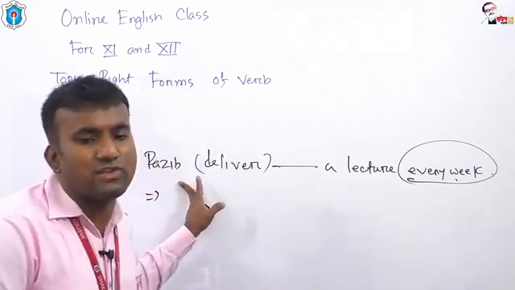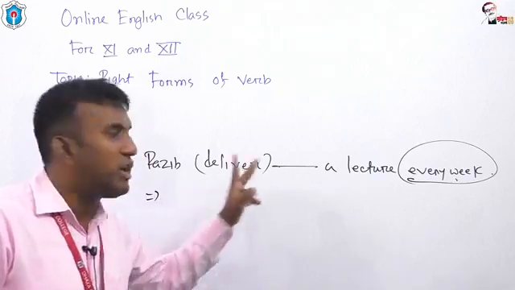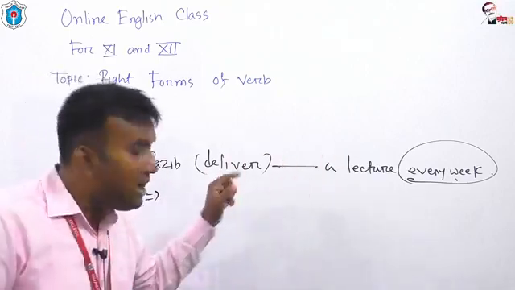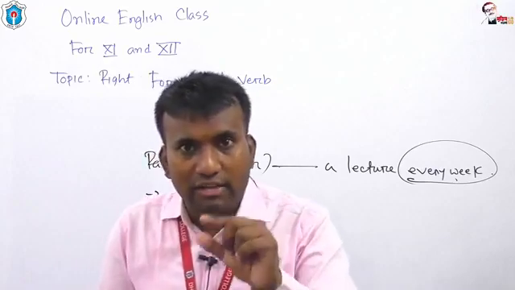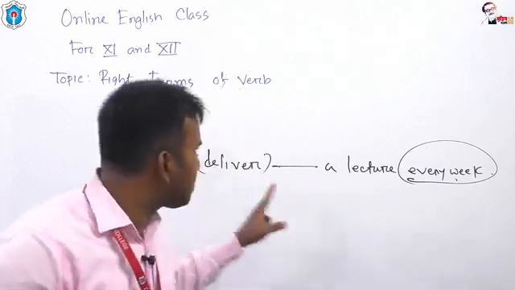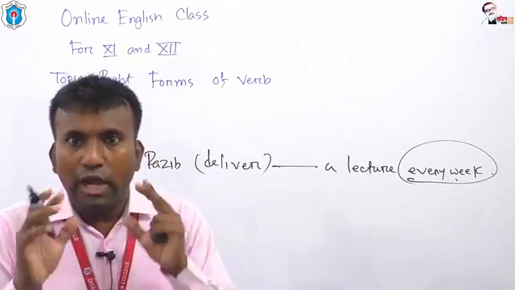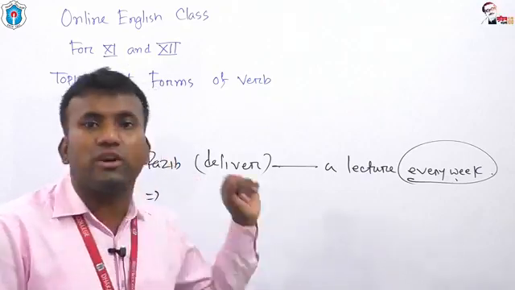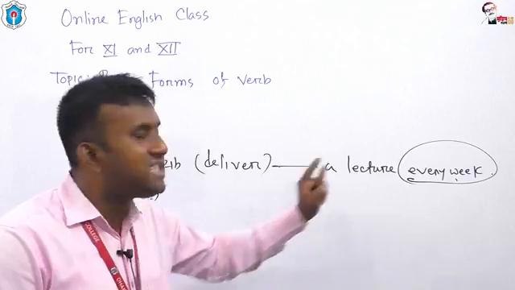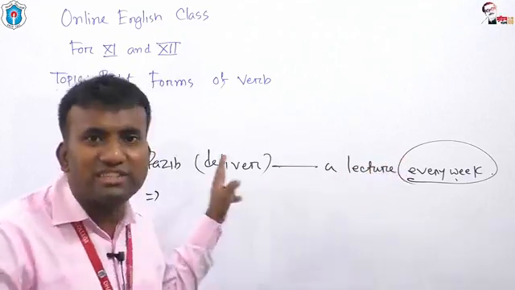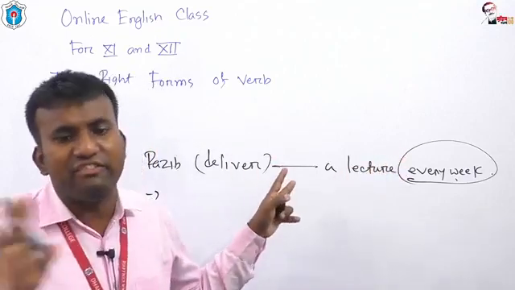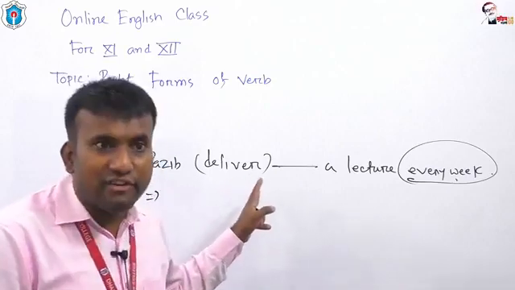Razib is third person and it is singular. That's why you have taken delivers. So, in terms of taking the form of verb, you have to consider person, you have to consider number, you have to consider tense. You can't use delivered, you can't use delivering, you have to use delivers.